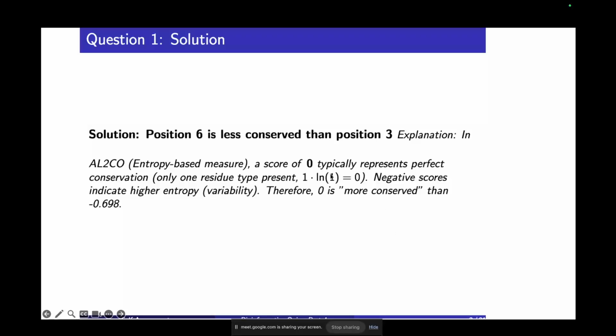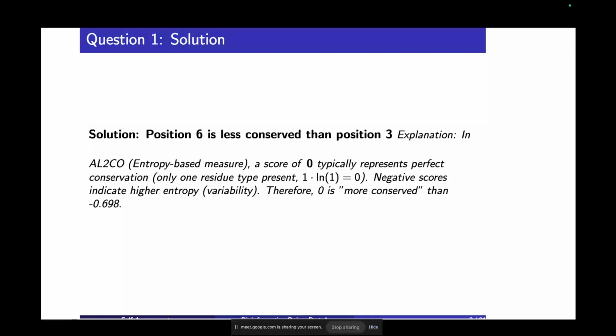The value that it gives is basically, so what it does is if there is only one residue present, it will give 1. If say for example 5 out of 10 residues are present, so it will be half. If you take log of that, it will be negative. So 0 is more preferable to negative.